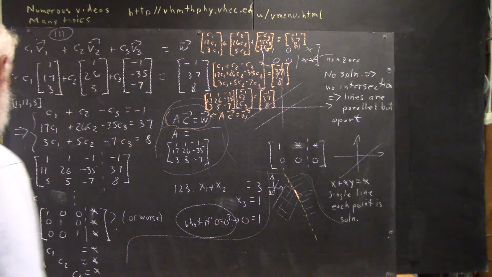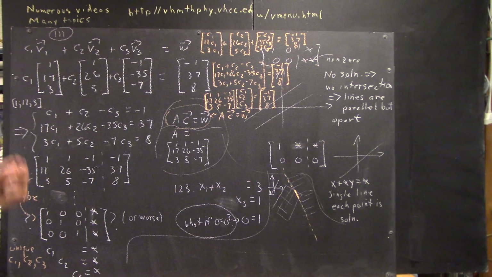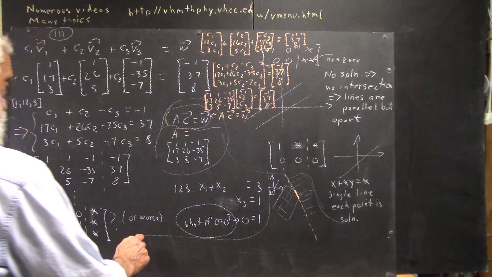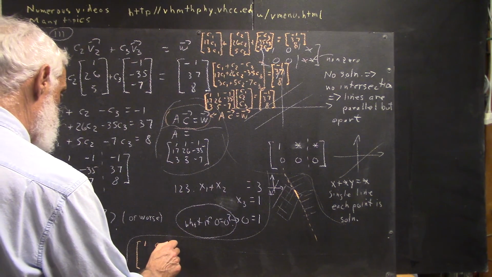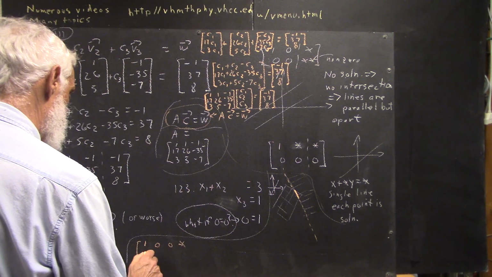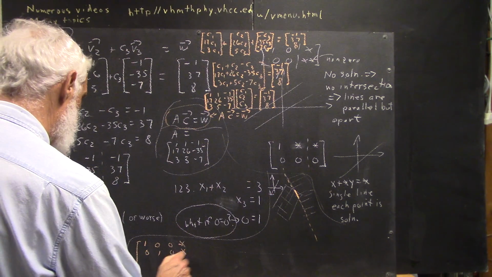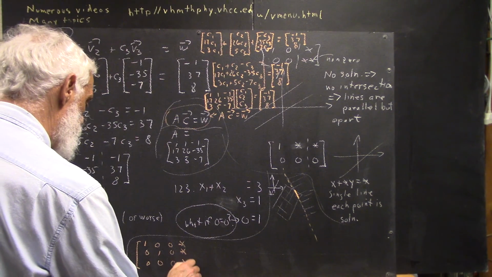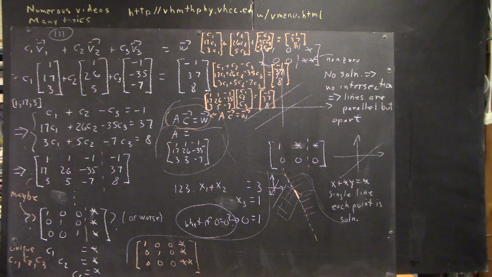So, maybe. What I said here is it could come out like this, or it could come out worse. Well, there are a lot of ways it could come out. Okay, one way might be 1, 0, 0, asterisk, 0, 1, 0, asterisk, and 0, 0, 0, double asterisk.